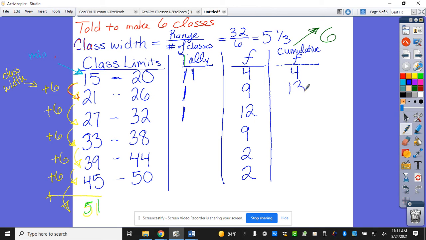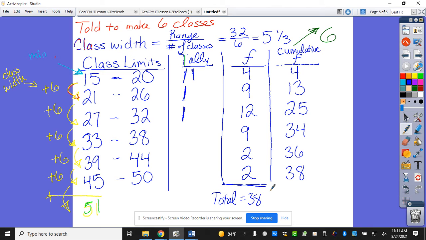So I'm just adding the next one in. Most of the time I'm going to want you right here to double check and make sure that you had the right number so that you didn't miss one.